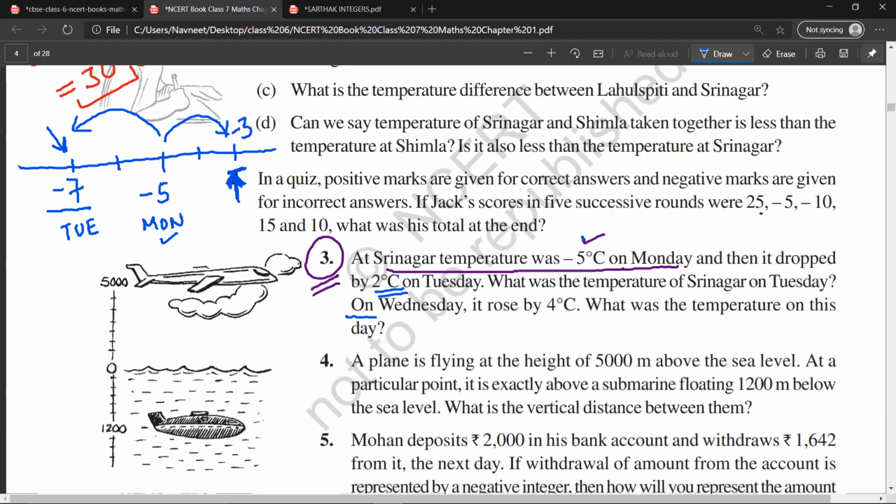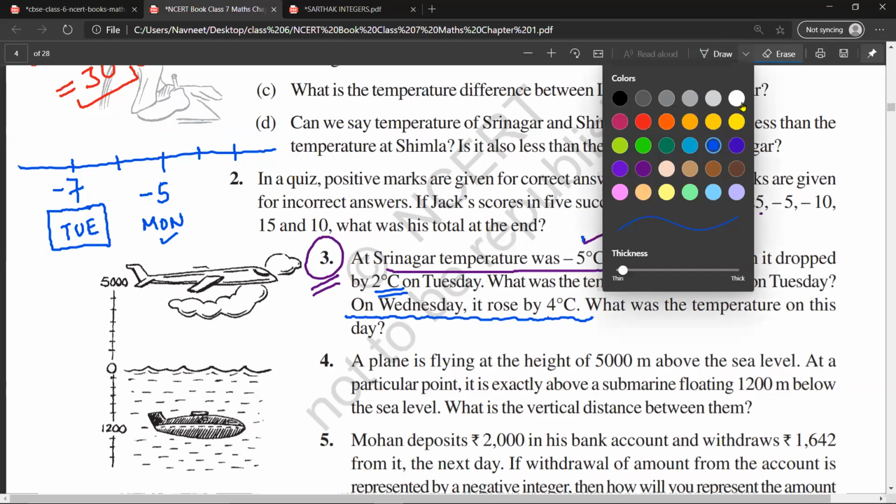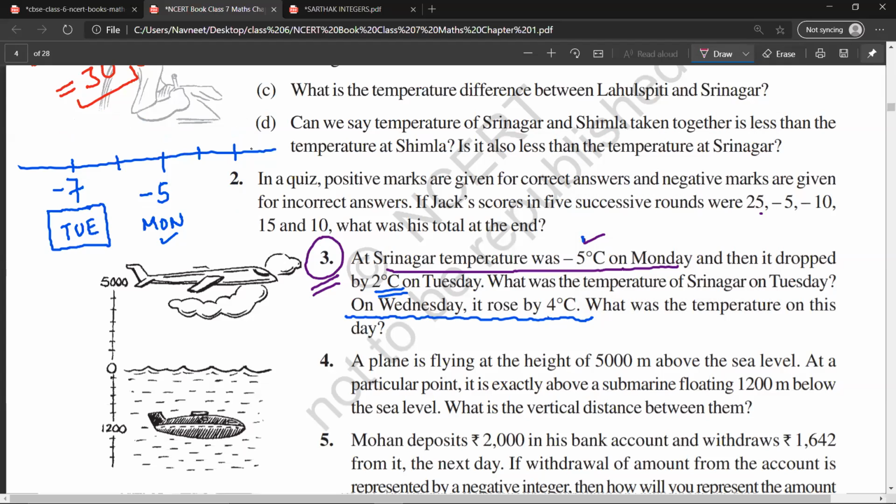On Wednesday, it rose by 4 degrees Celsius. So after Tuesday, it rose by 4 degrees Celsius. What would be the new temperature? -3.